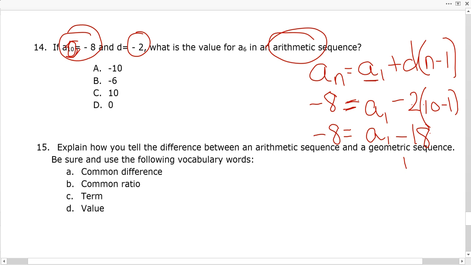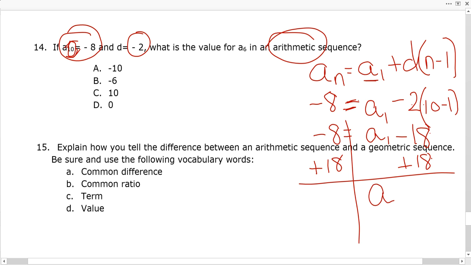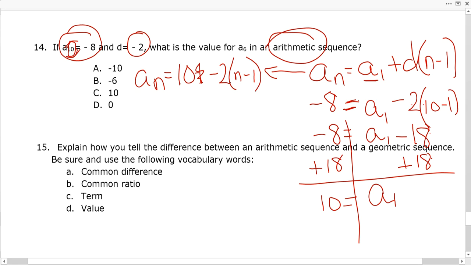I'm going to add 18 to both sides, and I end up with a1 equals 10. Okay, so now I'm going to go back to my equation, and I'm going to say a sub n equals 10 plus, oops, not plus, minus 2 times n minus 1.